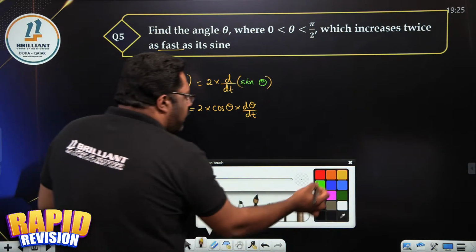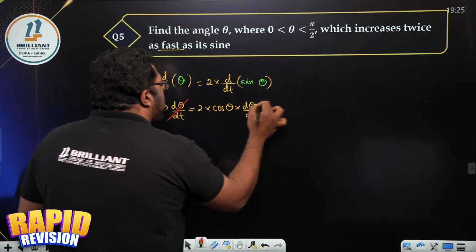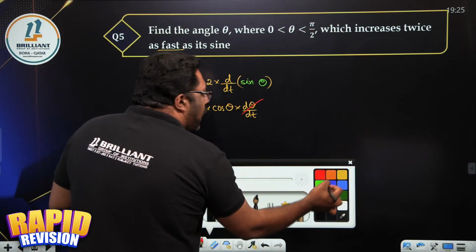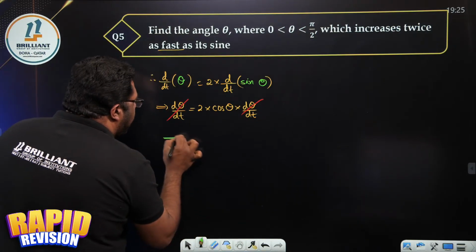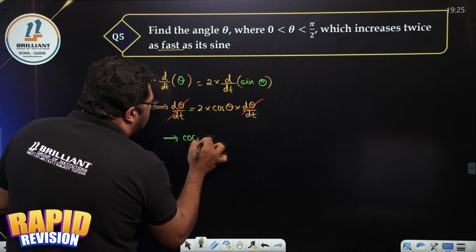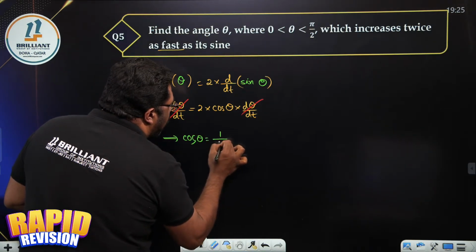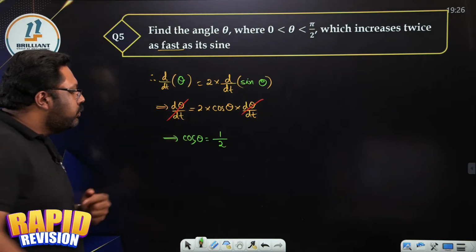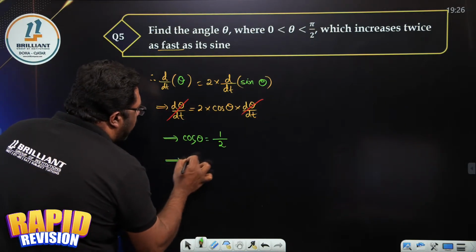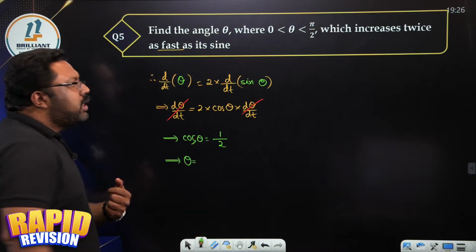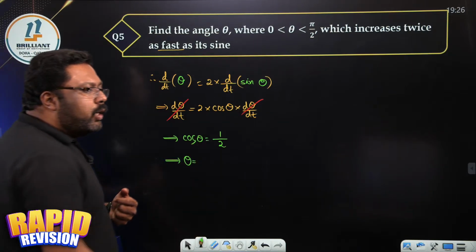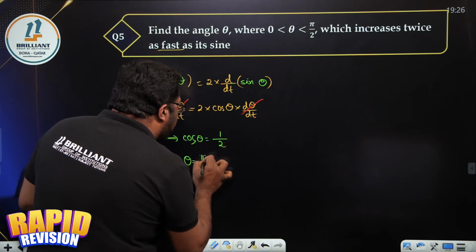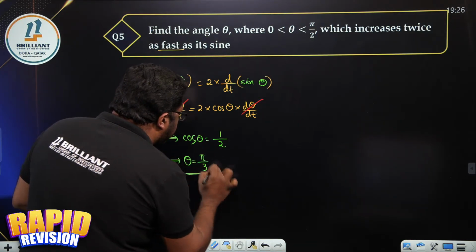Can I take out d theta by dt on both sides of the equation? Okay. So now after that, I will get cos theta equal to 1 by 2, after cancelling. If cos theta is equal to 1 by 2, theta please. Very good, Dhruvil. Very good, Prapti. Right answer. It is pi by 3.